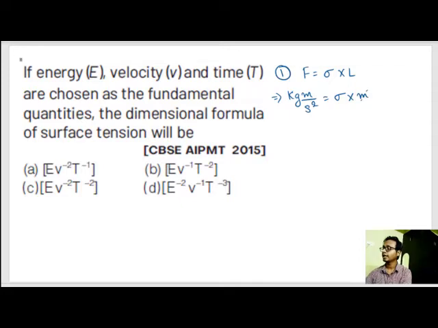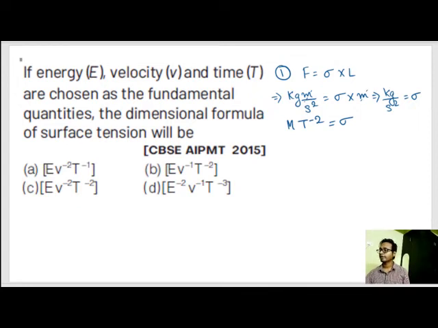This meter and this meter get cancelled, so kg per second square is equal to sigma. kg is for mass and second square is for t to the power minus 2, so M t to the power minus 2 is equal to sigma. Okay, this is the dimension of surface tension.